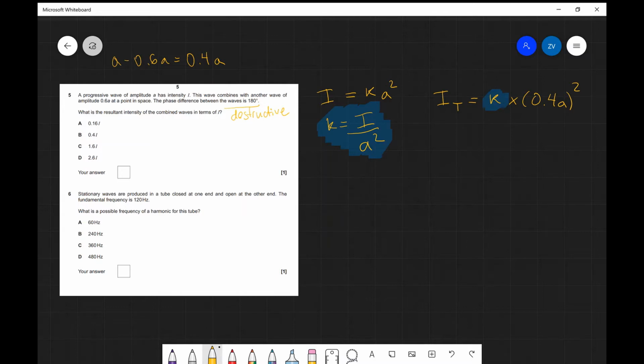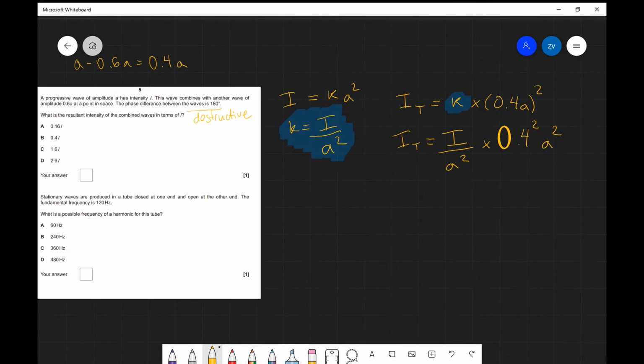Okay, so let's do that. That means that the total intensity is going to equal, rather than K, I'm going to write I over A squared times 0.4 squared times A squared. So all I've done really is just squared everything inside of the brackets.